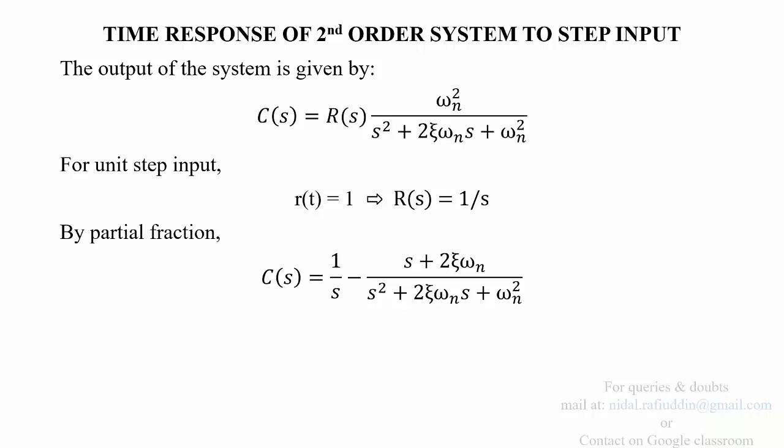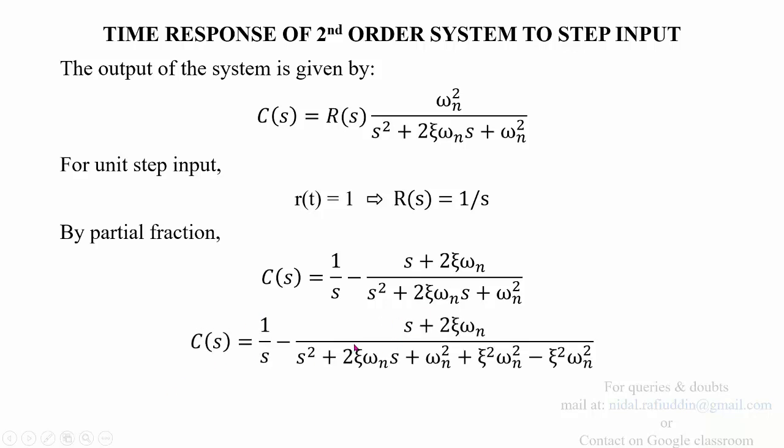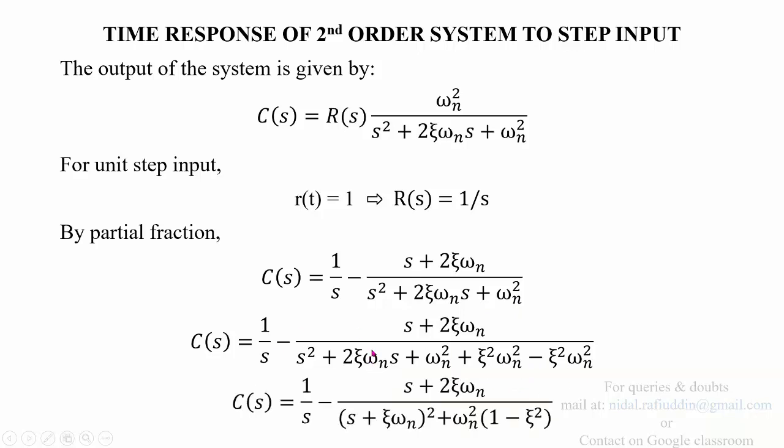So I'll try to do the same, and thus I further simplify this in order to bring this into some square form. What I did here is I added an expression zeta square omega n square minus zeta square omega n square. I did this in order to bring this into whole square form, and now further simplifying this gives me s square plus 2 zeta omega n s plus zeta square omega n square.